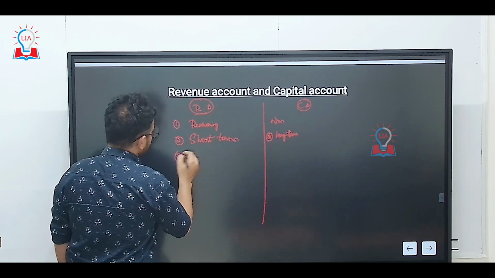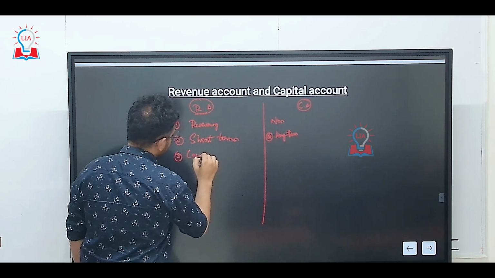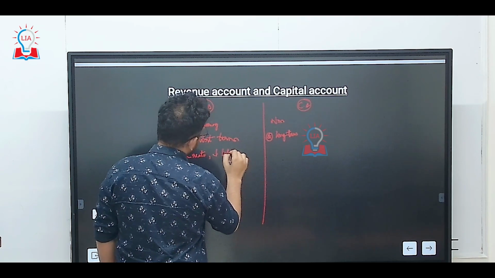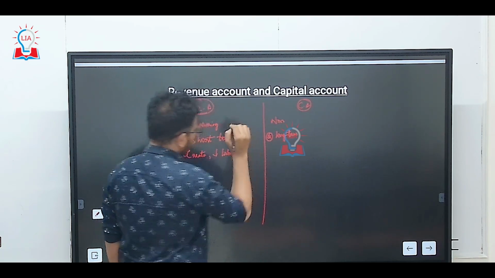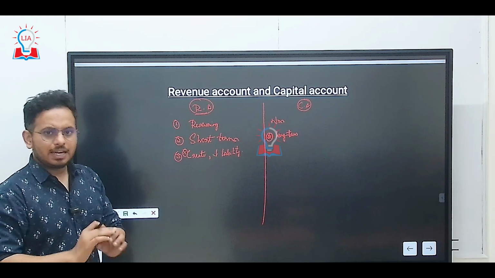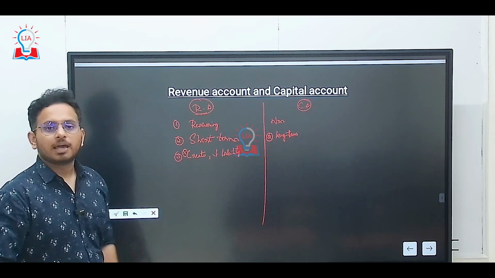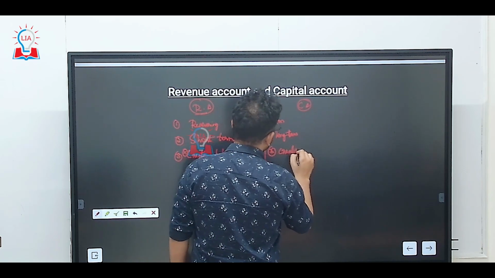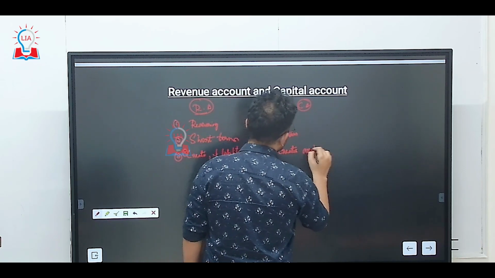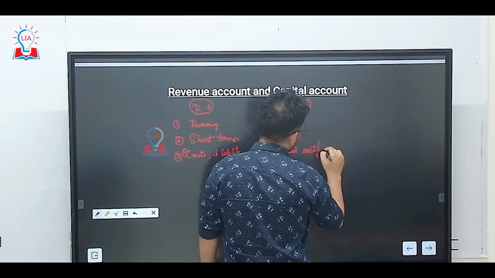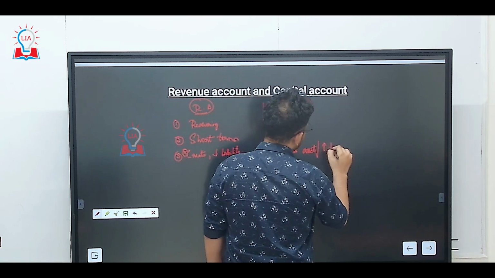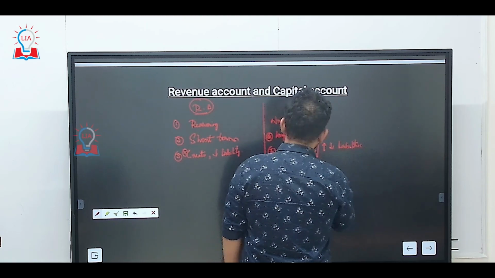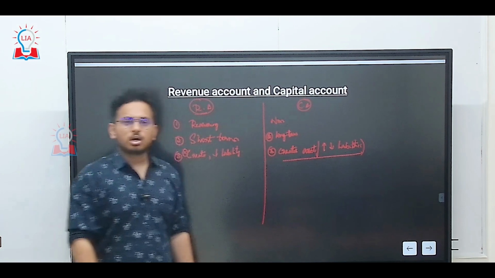Third, the revenue account does not create an asset or reduce a liability, whereas the capital account creates assets or increases or reduces liabilities. These are some of the important features of the revenue account and the capital account.